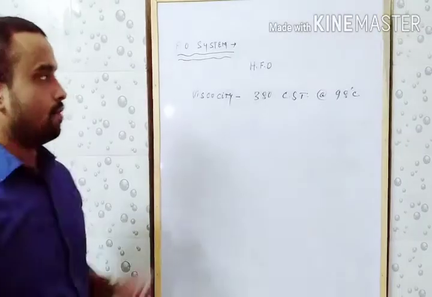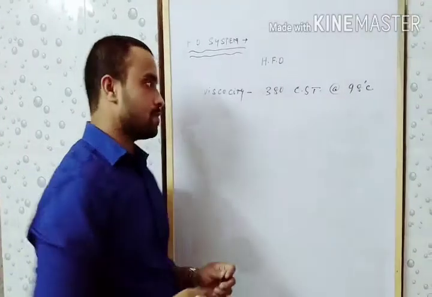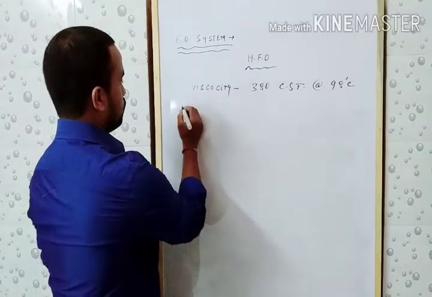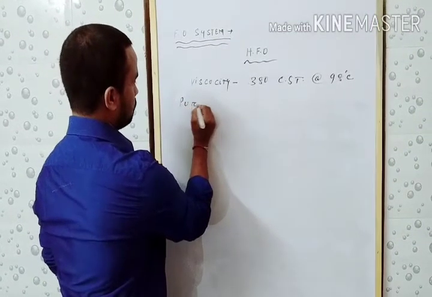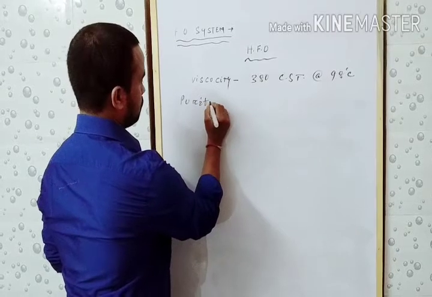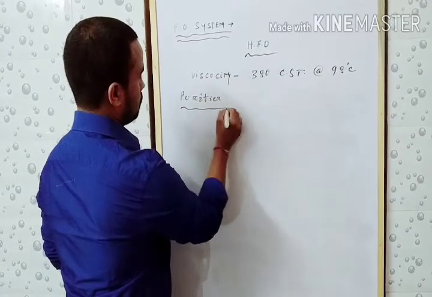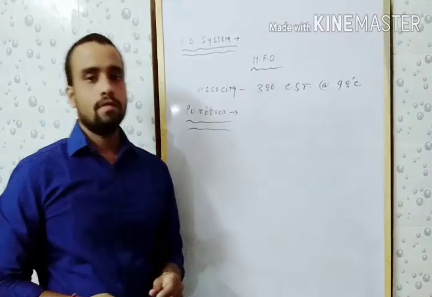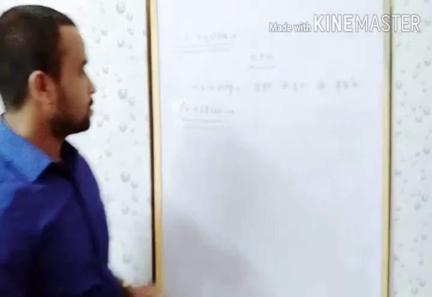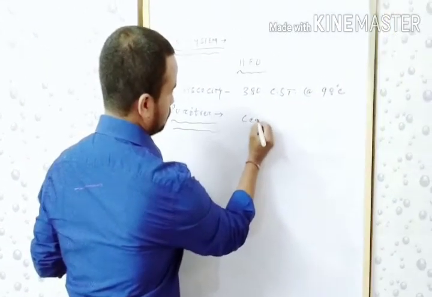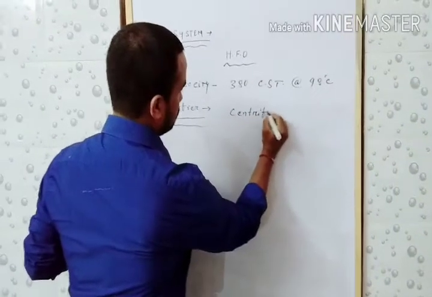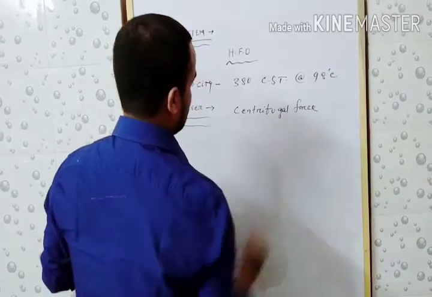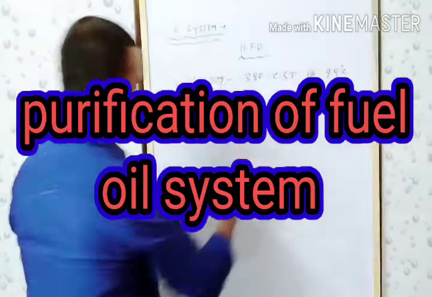This fuel oil is used in ships, and it goes for purification, and mostly purifiers are used. Purifier, as you know, works on the principle of centrifugal force. So I am going to draw the diagram for the purifier.